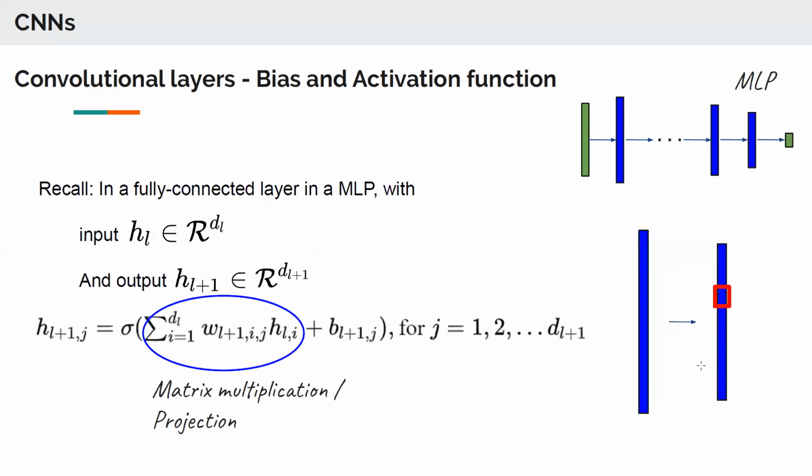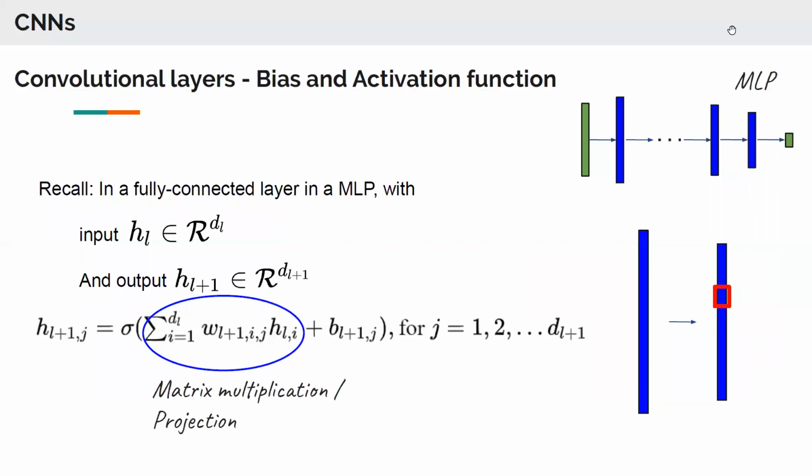Okay. Now we are almost done with convolutional layers, except that we need a couple of more things, bias and activation function. So let's recall what happened in multi-layered perceptrons.